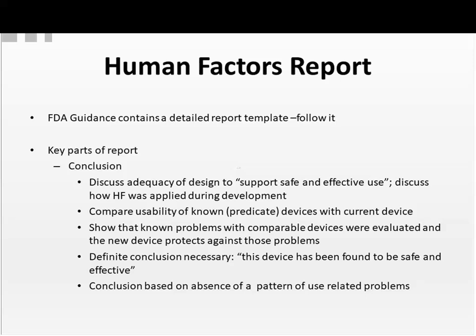As part of the conclusion, compare usability of known, say, predicate devices with the current device. You should show that known problems with comparable devices, these you identified earlier in the program, were evaluated and the new device protects against those problems. So it's a discussion.